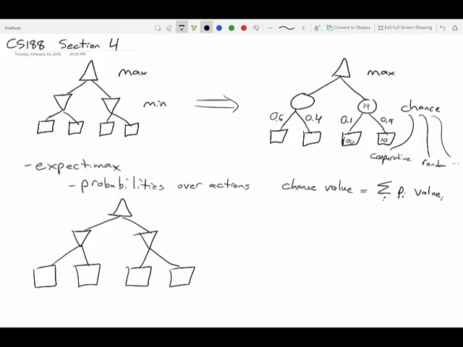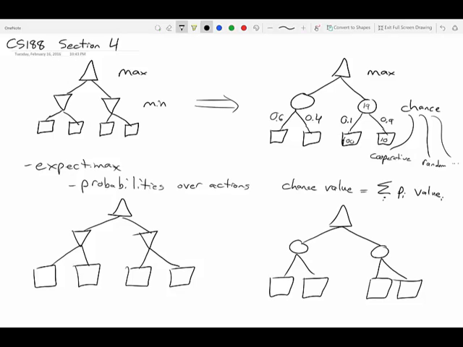Then I'm going to do the exact same structure, but instead have a chance node. And even further, I'm going to make sure they have the same exact terminal values: 100, 0, 20, 40, and 100, 0, 20, 40.